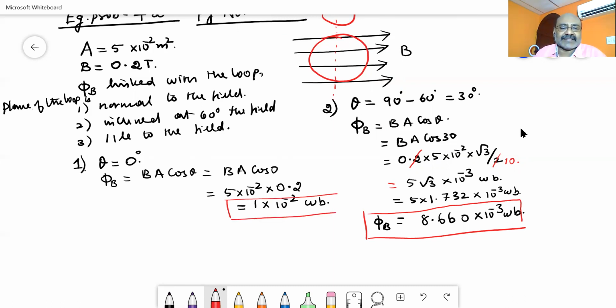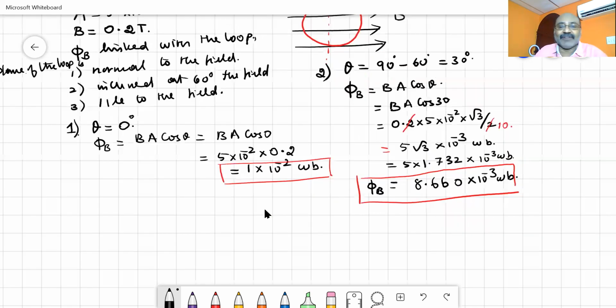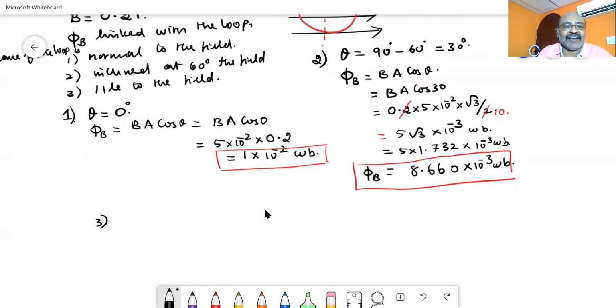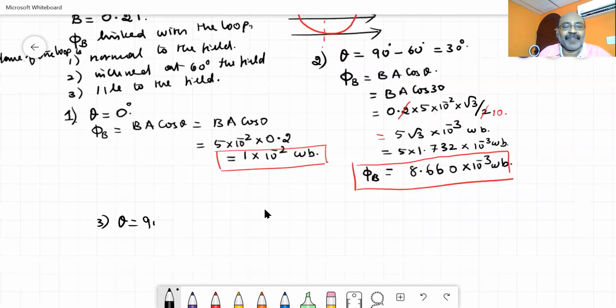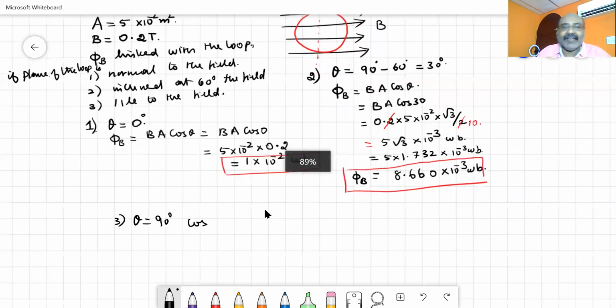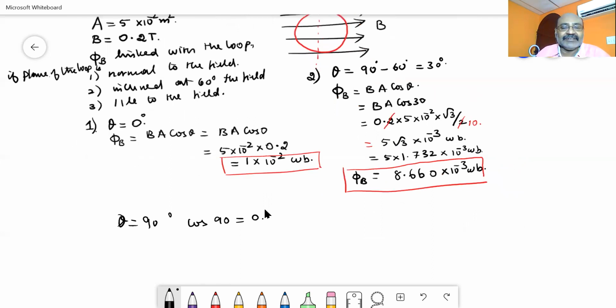So what is case number 3? The plane is parallel to the field. If the plane is parallel to the field, theta is equal to 90 degrees. So cos 90 is equal to 0. Then the flux phi is equal to B into A into cos theta, that is B into A into cos 90.